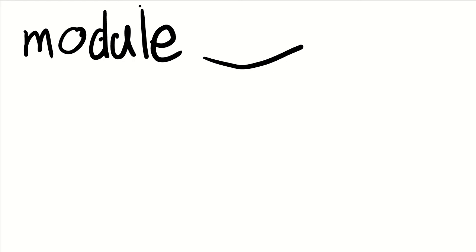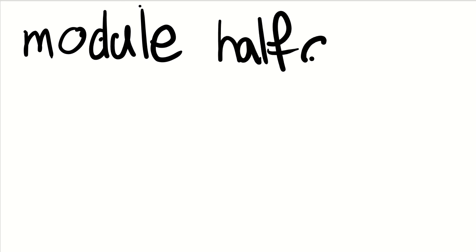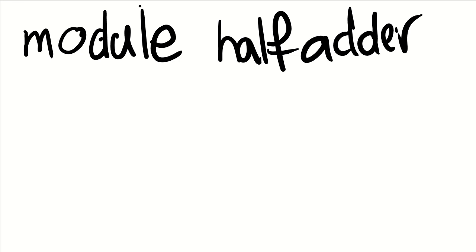These are the syntaxes. You have to write module, and then give your module a name. You choose the name. I say, for example, half adder, because it's a half adder. It should make sense, of course. And then parentheses. Here it looks like a function in other languages.